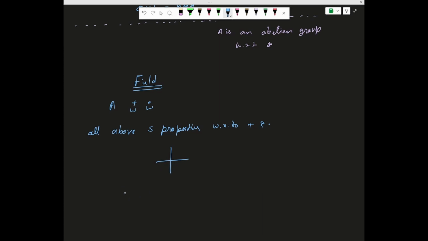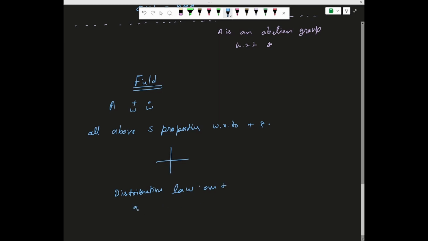So that is the distributive law. It should be distributive law over, that is dot over plus, this way.